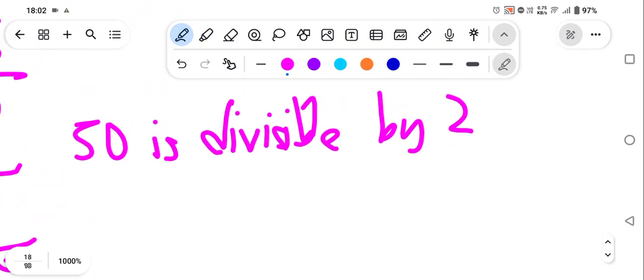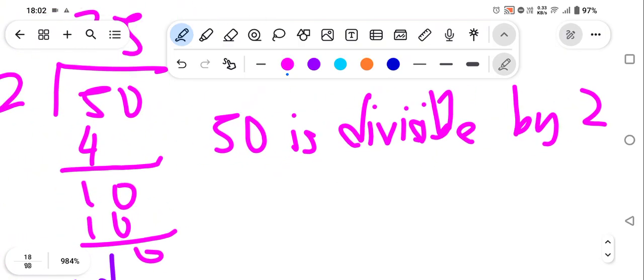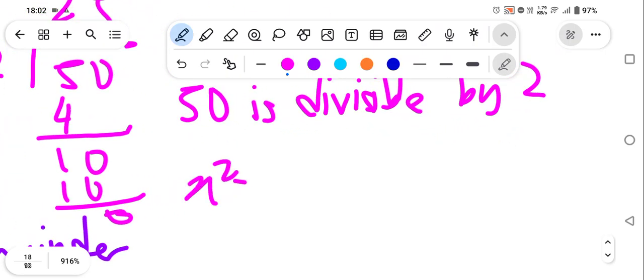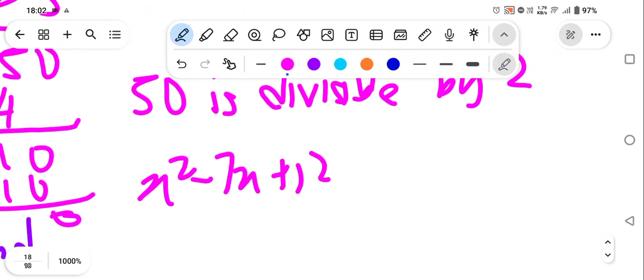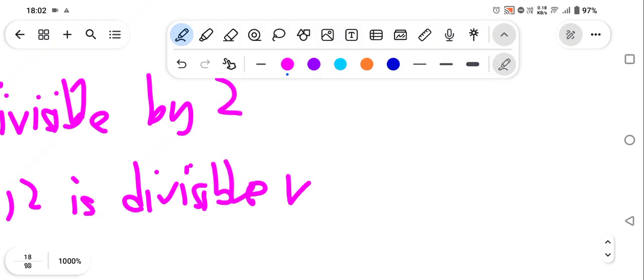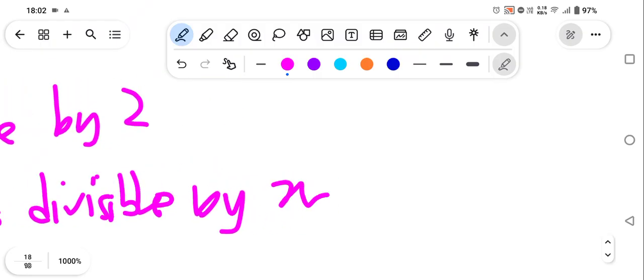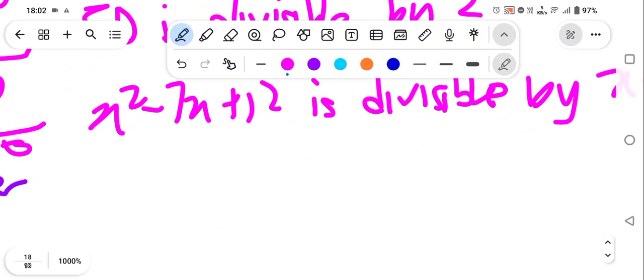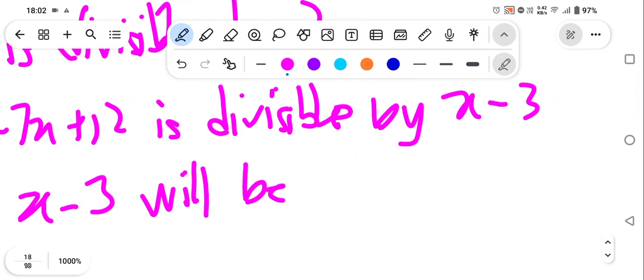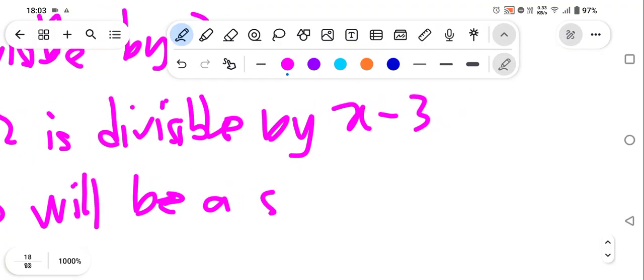So if 50 is divisible by 2, then the remainder will be 0. So if x squared minus 7x plus 12 is divisible by x minus 3, then 3 will be a solution.